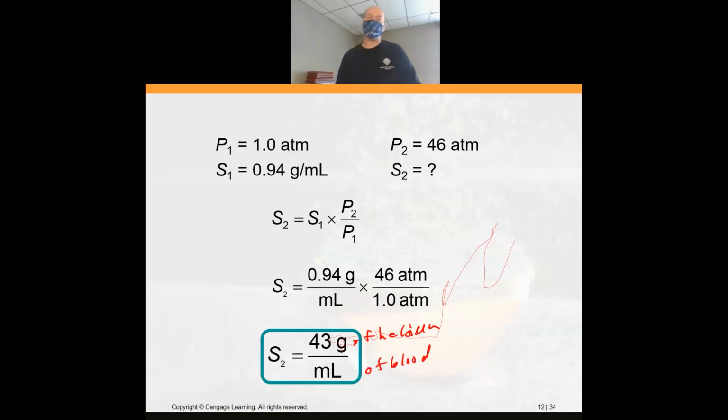So the solubility of helium in blood is 43 grams per milliliter at a depth of 1,500 feet, which has a pressure of 46 atmospheres. Again, you increase the pressure, you increase your solubility. The pressure went from 1 atmosphere, at 0.94 grams per mil, up to 46 atmospheres, and now it's 43 grams per milliliter.